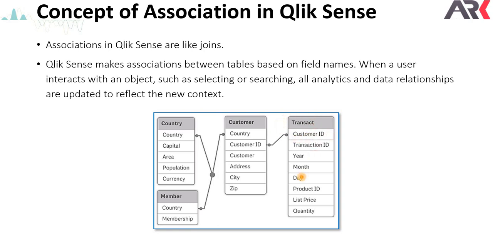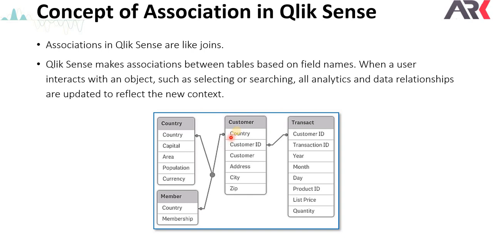Let's say we select one particular year, one particular month, and let's say one particular day. Based on this combination, we will have the list of the customer IDs, and when these customer IDs are filtered, automatically the customer ID available in the customer table will get filtered.